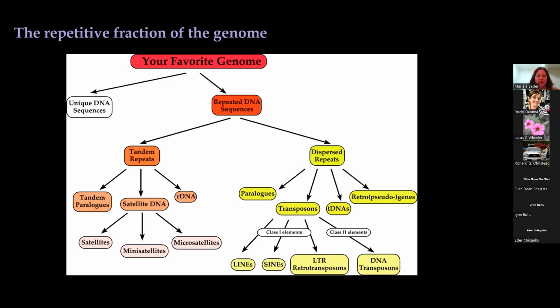And among the dispersed repetitive sequences, we find the transposons and retrotransposons. The retrotransposons are classified as type 1 or type 2, according to the mechanisms they use to move in the genomes. Type 1 are those that copy and paste elsewhere in the genome, and type 2 are those that cut and paste elsewhere in the genome. The first are the ones more responsible for the increase in genome sizes.